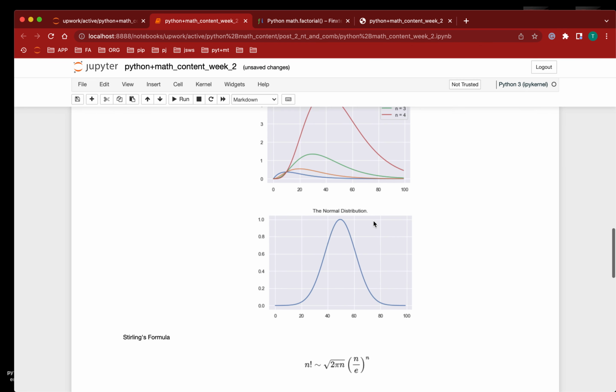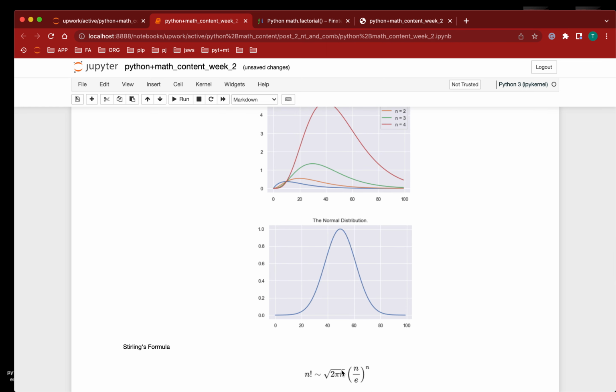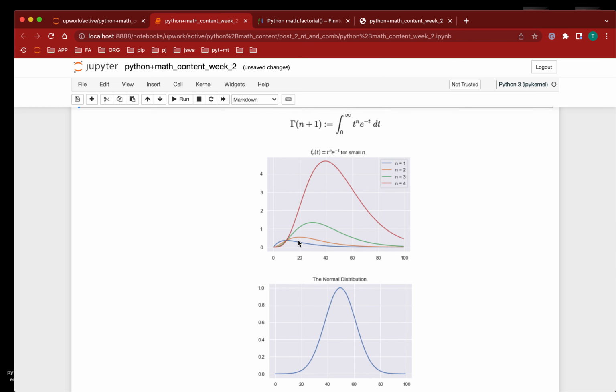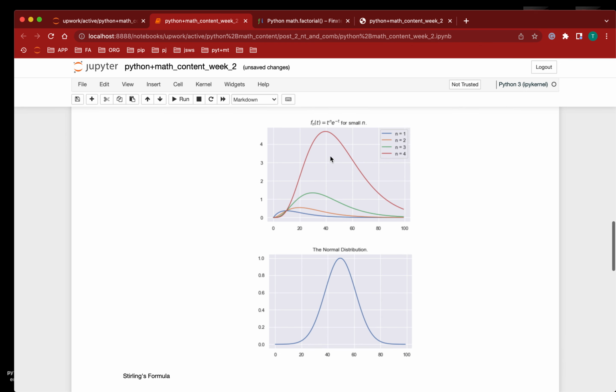The idea for proving this formula is to have a nice approximation for the area under this graph. At least one way of proving this is to see a similarity between this function and the beloved normal distribution function, or the Gaussian function from statistics. You can see by comparing these graphs that the integrand in the gamma function is very similar to the Gaussian function.